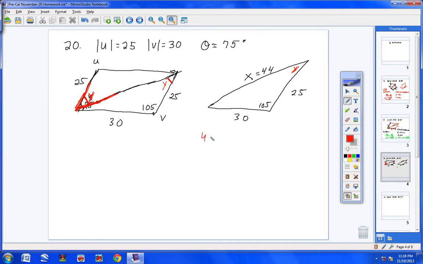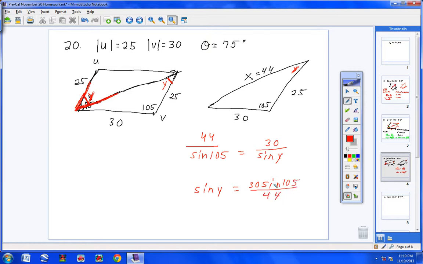I'm going to say 44 over the sine of 105 equals 30 over the sine of y. Now if we cross multiply and divide, we're left with sine of y equals 30 sine 105 divided by 44.